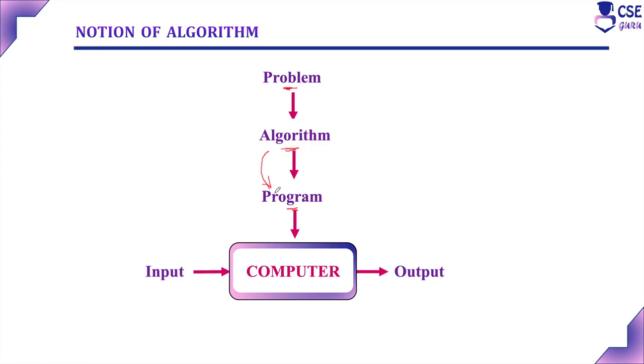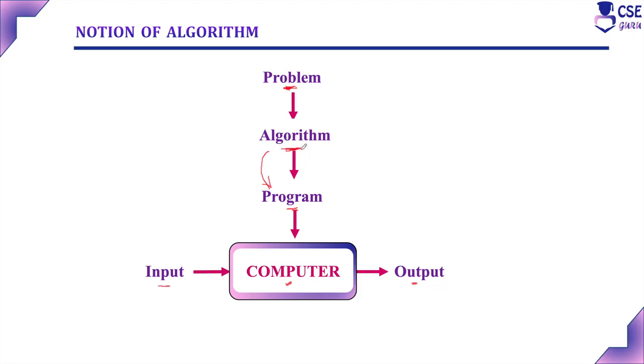After writing the algorithm, the programmer will design the programming code with the help of the algorithmic steps. And this program will be fed into the computer. And the computer will accept a finite input and it will produce the required output. So this picture explains the importance of algorithm in the problem solving technique. Algorithm plays a major role in the problem solving technique.